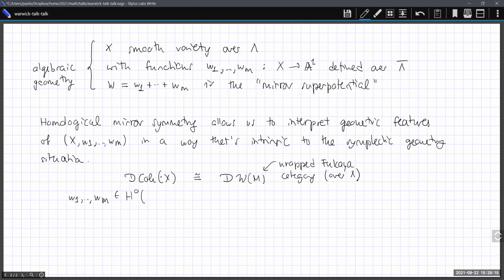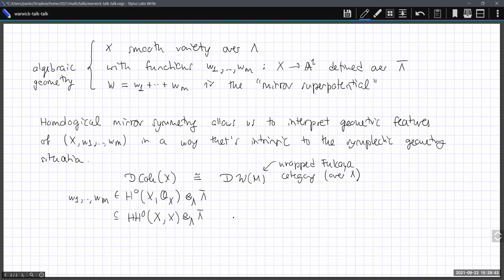Okay, so these were functions defined over lambda bar. Okay, so maybe I should just do it like this. You can think of this thing here as being parts of the zeroth Hochschild cohomology of X. I like to write Hochschild cohomology like this.